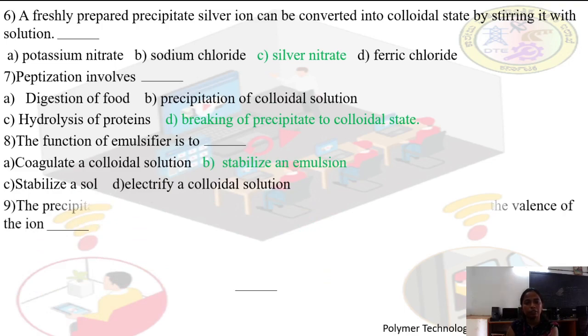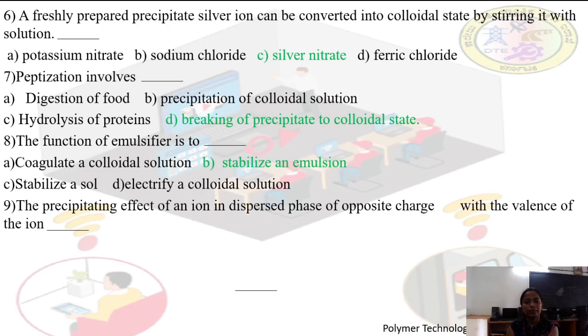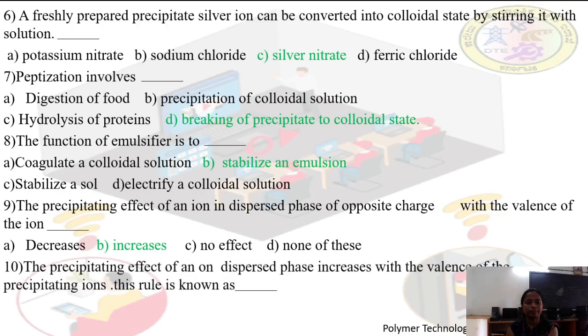Stabilize an emulsion. The precipitating effect of an ion of opposite charge on the colloidal phase dash with the valence of the ion. A. Decreases, B. Increases, C. No effect, D. None of these. Answer is B, increases.